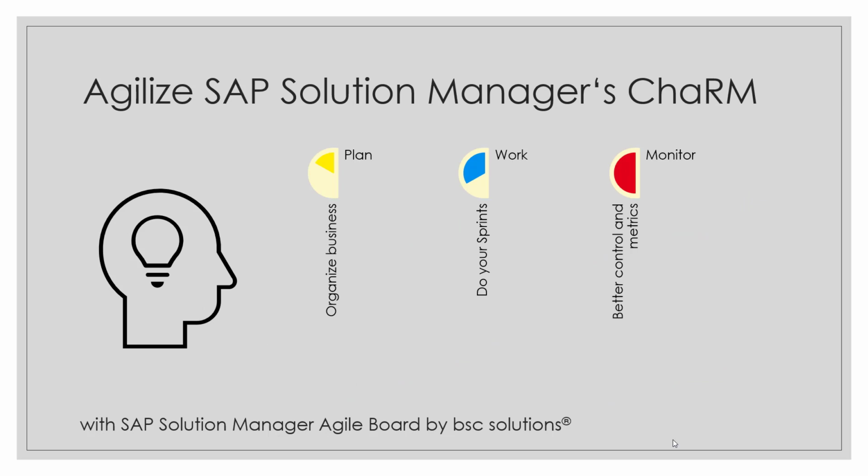So our Agile board for SAP Solution Manager helps to Agilize your business. It bridges the gap between the certified SAP Solution Manager processes and the Agile way of work. Here you can organize your business and have better control and metrics in the monitoring.